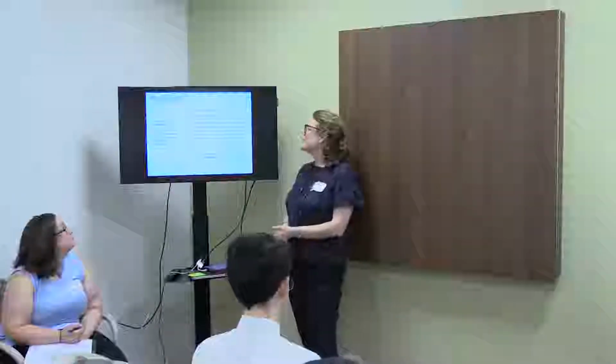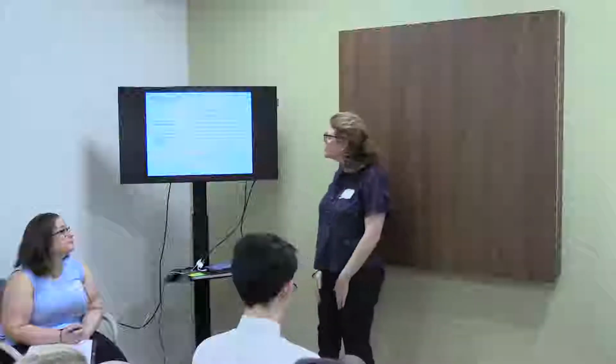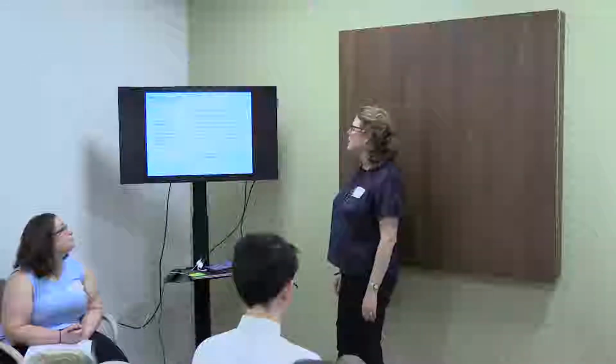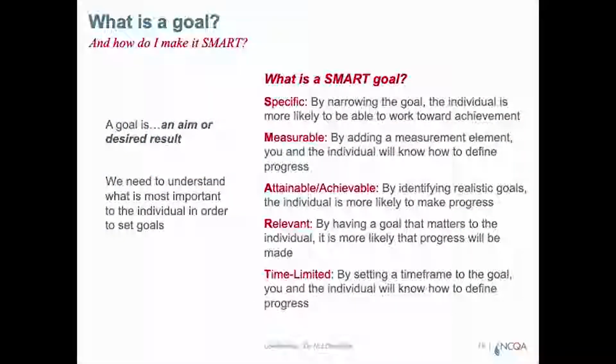And then as we mentioned, SMART goals, and you may be familiar with this acronym. Setting a SMART goal means that you take something that's important to someone, and they may not verbalize it as a SMART goal, they probably won't, but something important to them. I want to spend more time with my grandchildren, that's important to me. Then you start a process of talking through it with them, and together you can make it something more specific.